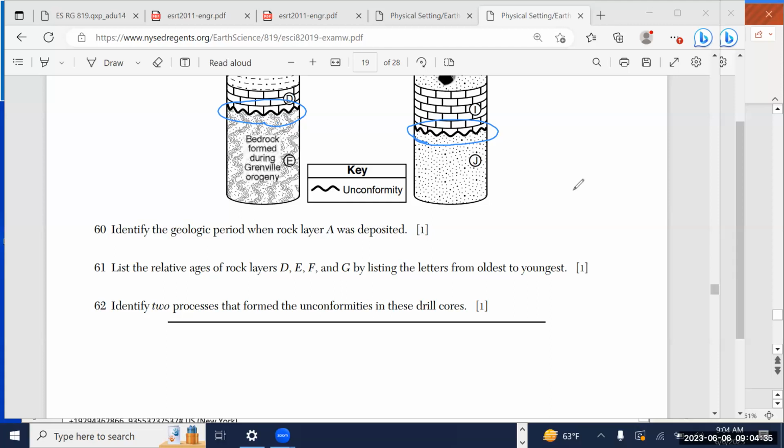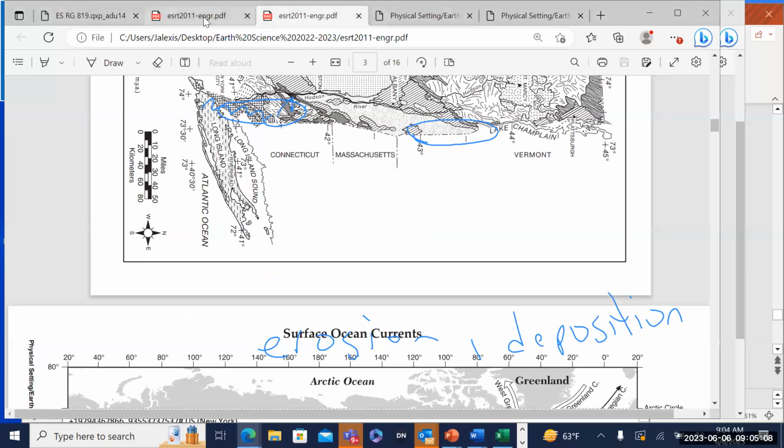Remember, in order for an unconformity to be created, we know that you're removing old rock layer, partially removing old rock layer, and then you're depositing new ones. So the two main ones that are included in creating an unconformity are erosion and deposition, for sure. Some of the other ones that you could have included are mentioned right here.